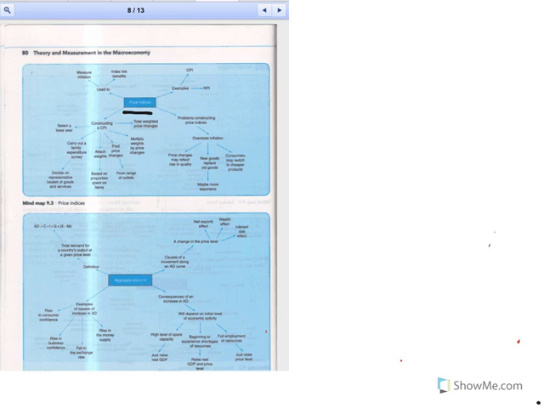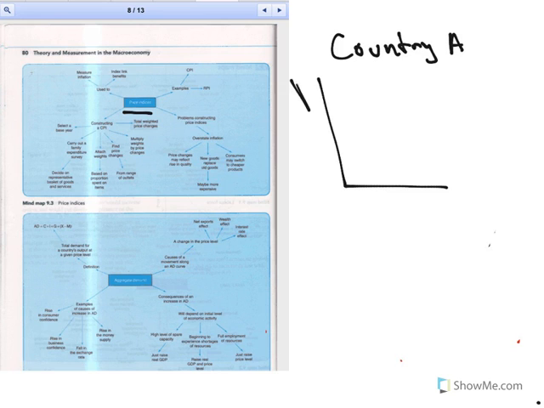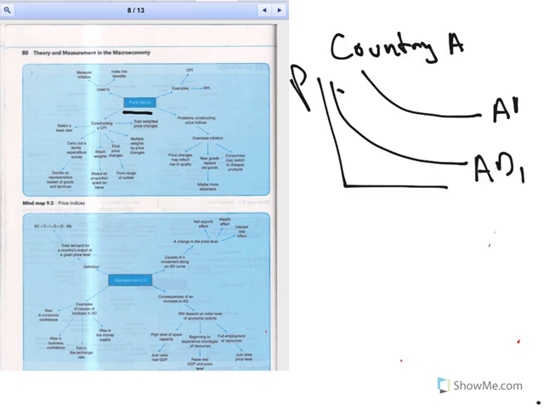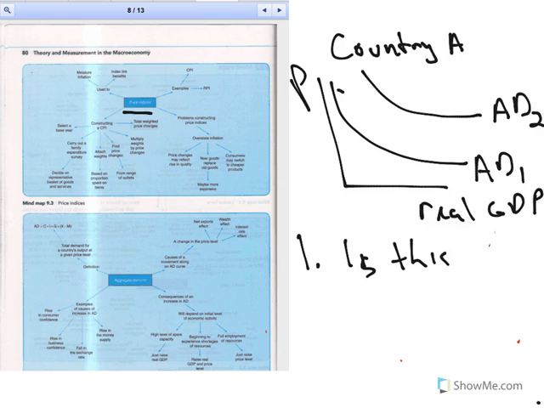This is the situation. Suppose that country A is reporting an increase in aggregate demand from AD1 to AD2. The question is, is this real GDP growth or inflation?